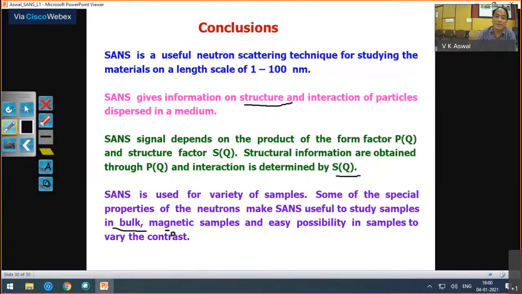For example, magnetic samples, and also for hydrogenous components, you will see that there is an easy possibility to vary the contrast. That makes it useful in many fields like soft matter and biology. If you have samples you want to study, then neutron scattering is unique for these kinds of samples.